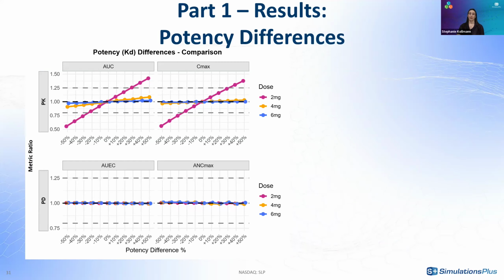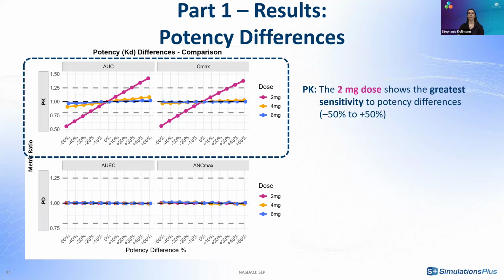When we vary binding affinity or potency, the 2 milligram dose shows the highest sensitivity to KD changes, while at 6 milligram the effect is much smaller in that considered deviation range from -50 to +50% difference.